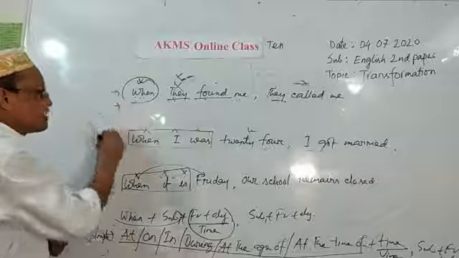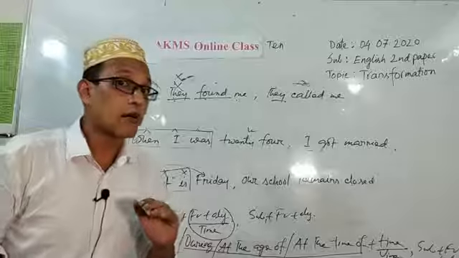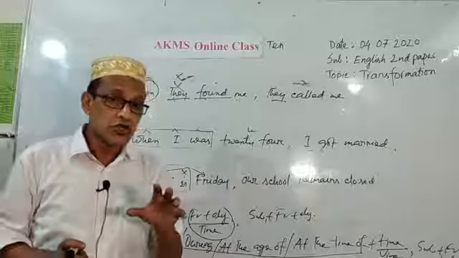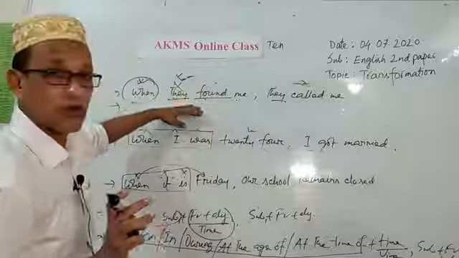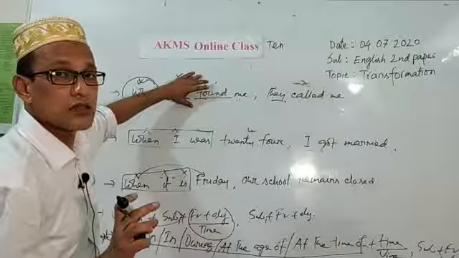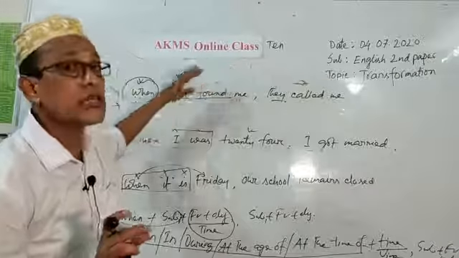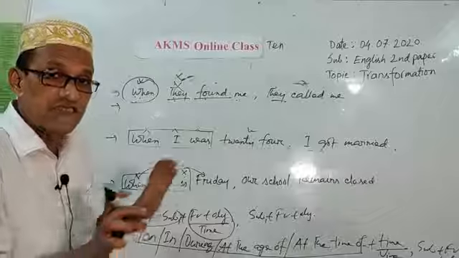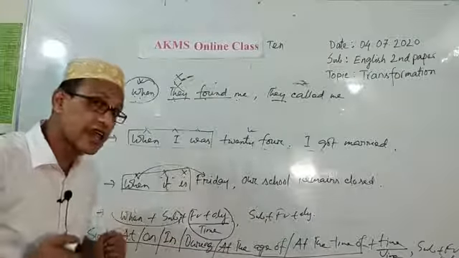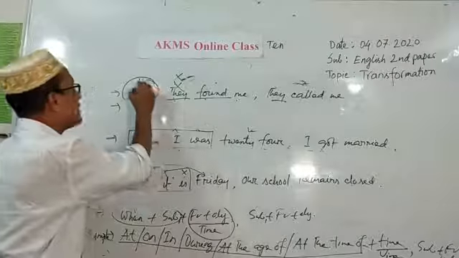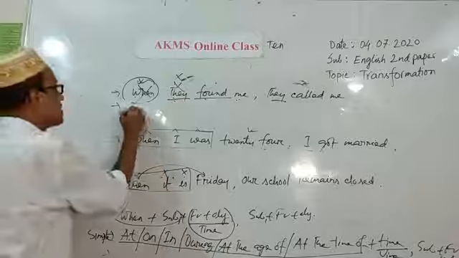Previously I told you that in a compound sentence I should use two principal clauses, but here in a complex sentence it is the subordinate clause that I will use first, to give it strength to act like a principal clause. I will erase when and I will write the subordinate clause.